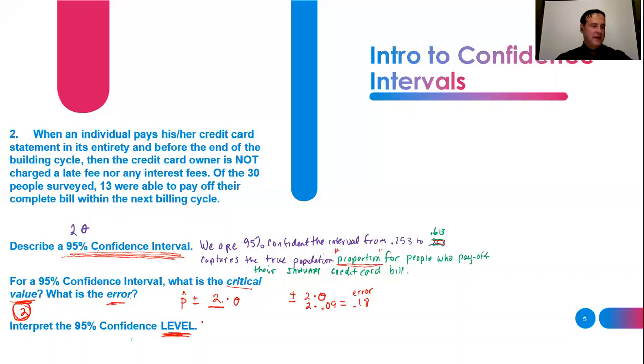Here's what we're going to say. If we were to repeat this method many times. When I say method, it's kind of like this procedure for finding a confidence interval. Okay.